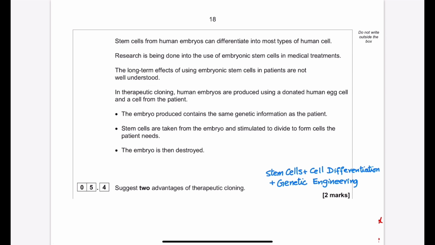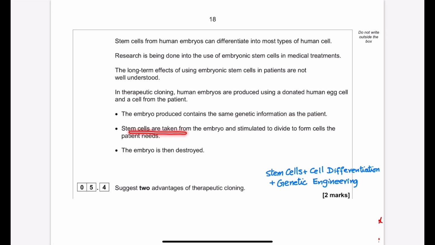In therapeutic cloning, human embryos are produced using a donated human egg cell and a cell from the patient. This is the key information given here. The embryo produced contains the same genetic information as the patient, which is a good thing.